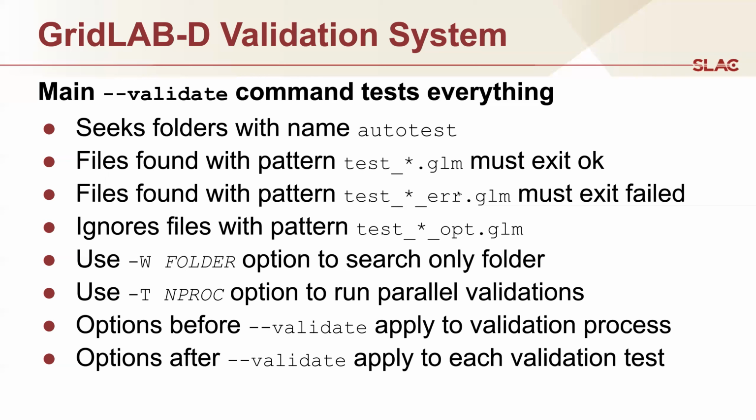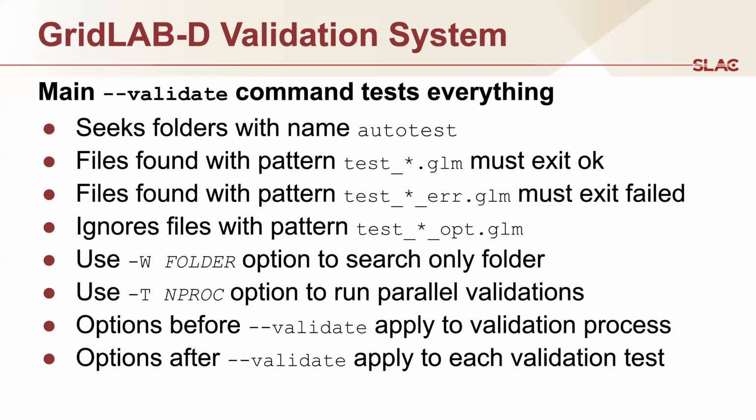If the pattern includes _ERR, then rather than the test having to succeed, the test must actually fail. This allows us to create tests that verify that failures that we expect do in fact occur. So we can have tests where we expect a simulation to succeed, and so the simulation must succeed in order for the test to pass.